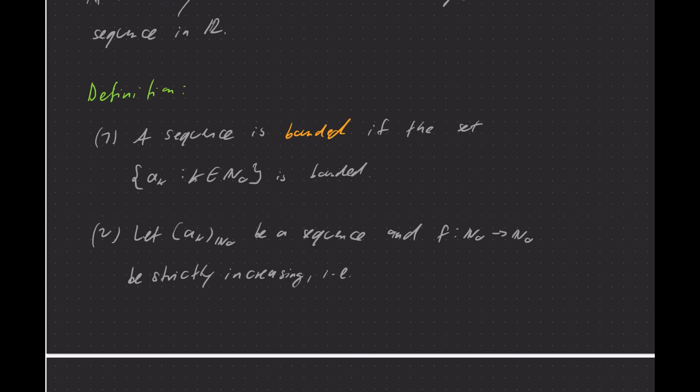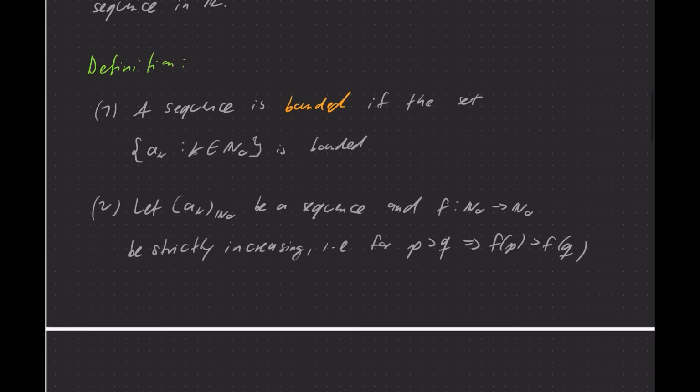And by that I mean, for two integers p and q, where p is greater than q, we also get f(p) is greater than f(q). So we don't jump back in the index set. That's the idea.